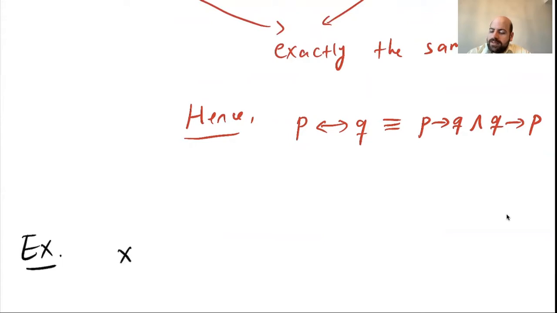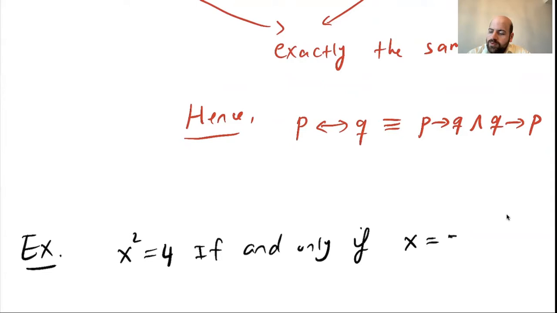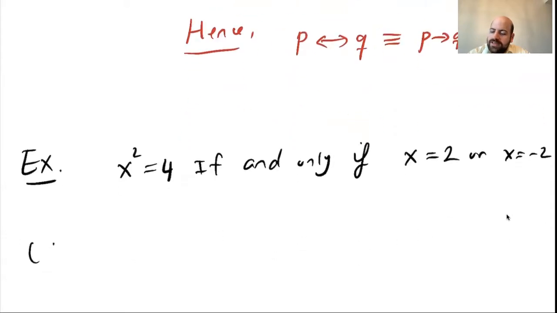So I can say x squared is equal to 4 if and only if x is equal to 2 or x equals -2. Why is this true? Because the statement and the converse are both true.